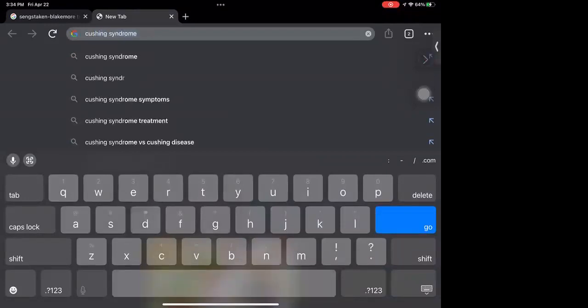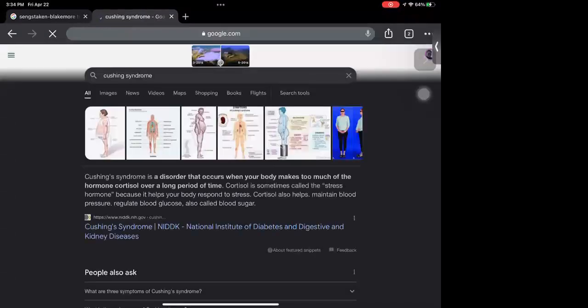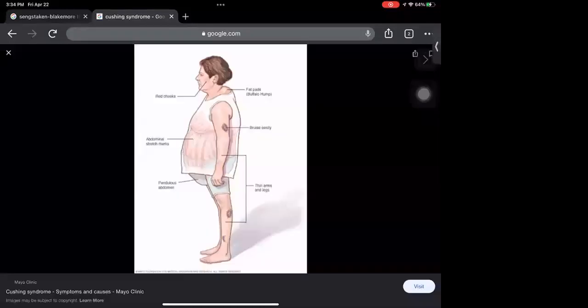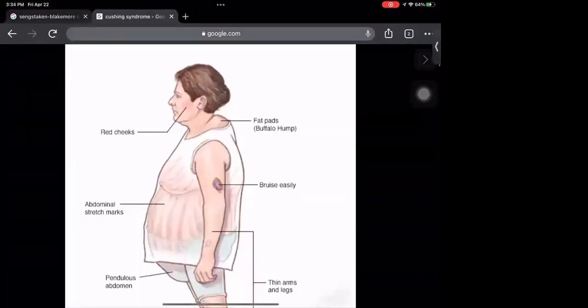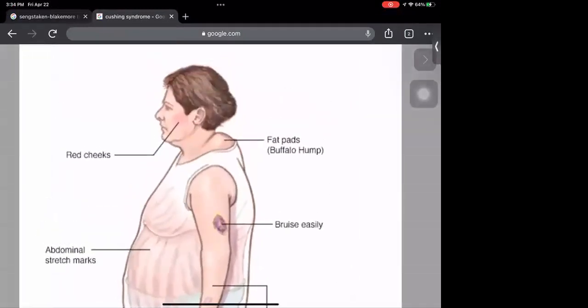They are usually described to have moon face and buffalo humps. The moon face and buffalo humps are actually fluids and fats that are being redistributed in other parts of the body. That is an indication of increased glucocorticoids.